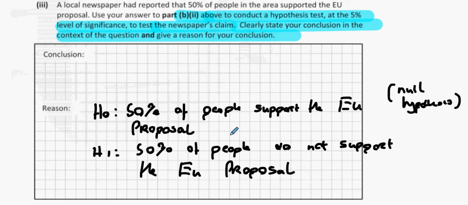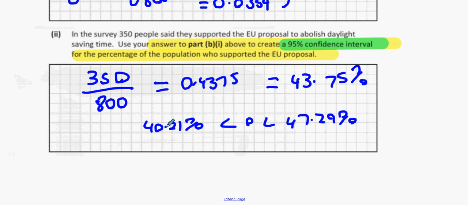Now, what's your conclusion? You reject which one? Reject H0. And why do you reject H0? Because it is not in between 40.21% and 47.29%.